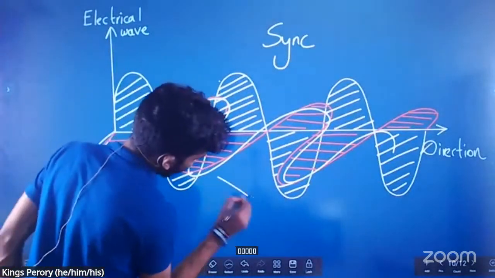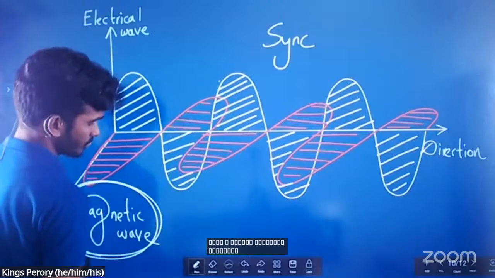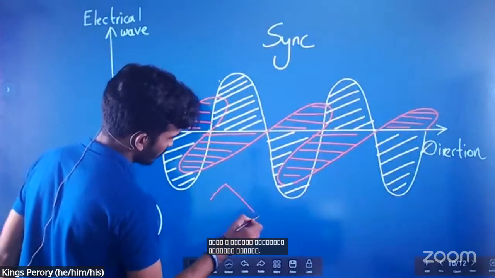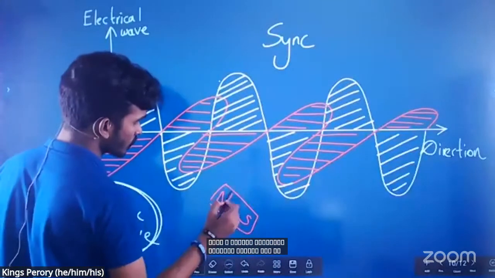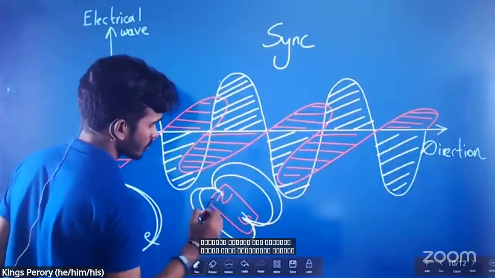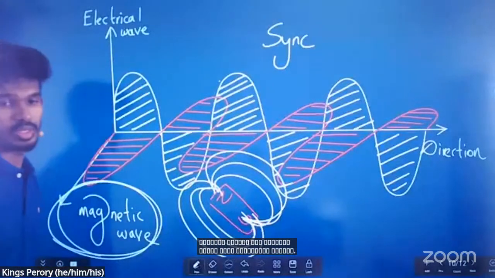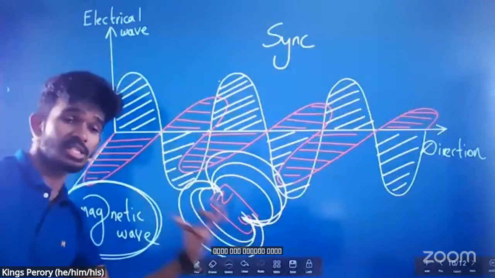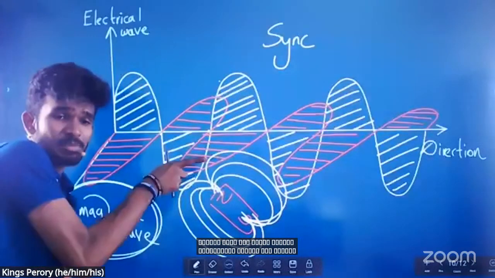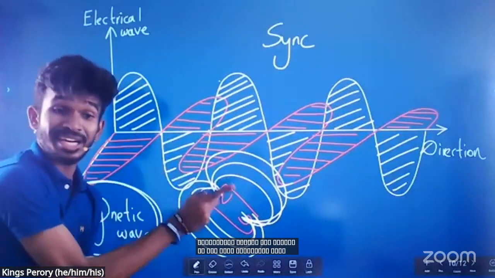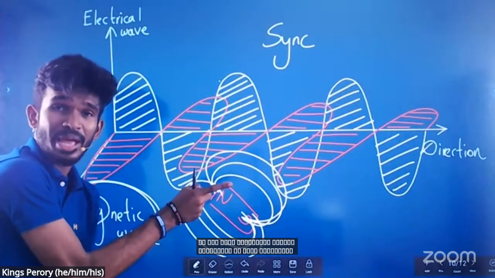If I bring another magnet closer, that magnet also has a magnetic field. This is having a magnetic field, and this is also having a magnetic field. But still, is this magnetic field affected by this external magnetic field?